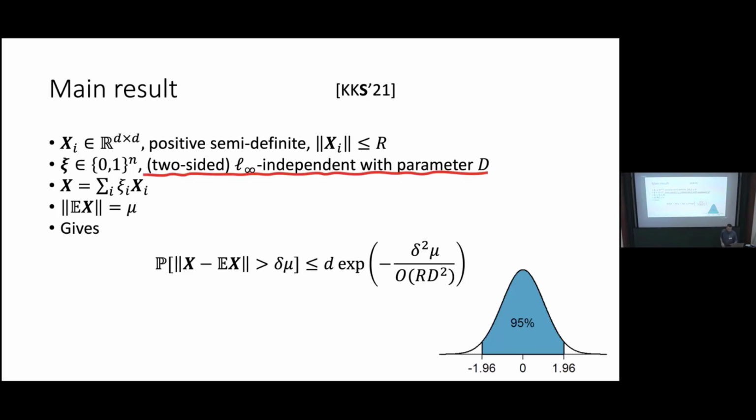Okay, so now I would like to define what we mean by two-sided L-infinity independent. To do this, we consider a random vector in {0,1}^n sampled from a distribution that we call mu.